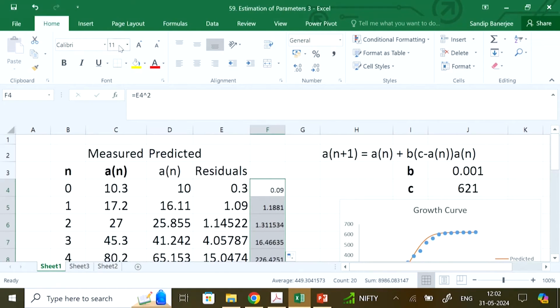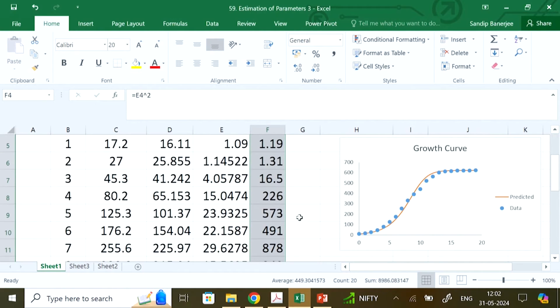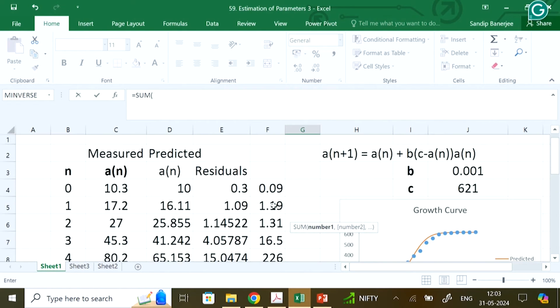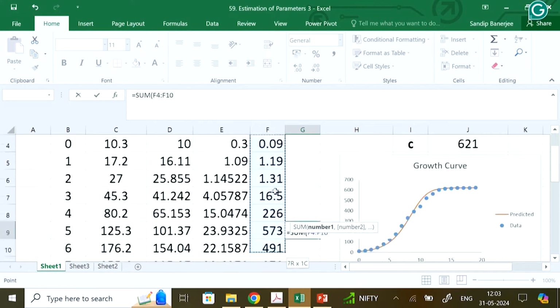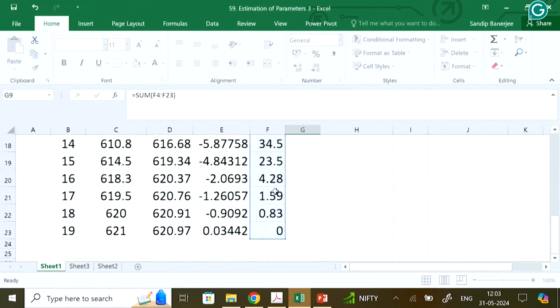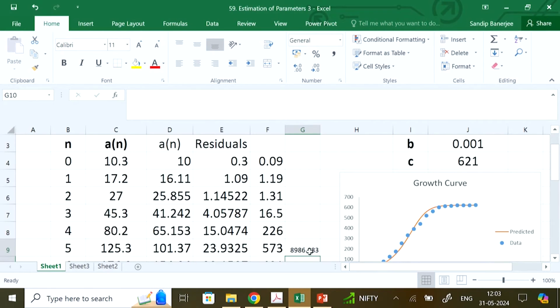Once you get the residual square, you have to calculate the sum, which is equal to the sum of the square of the residuals. So, I got the sum. Since this is quite a good match, this value is not going to change much. So, that was just a guess and it matches very well.